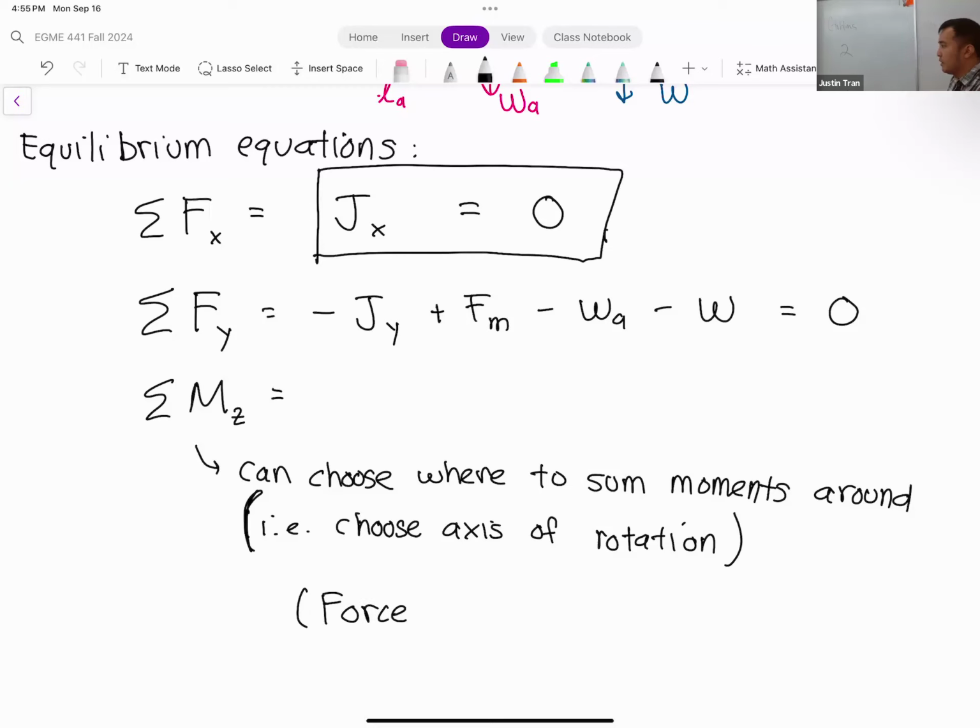In particular, it's the component of the force that is perpendicular to the axis direction. It's a product of the force as well as the perpendicular distance between where that force vector acts and the axis of rotation. So in other words, it's a force and a distance. And so where you choose your axis is a pretty important choice, because that's where you're going to sum up your forces from.